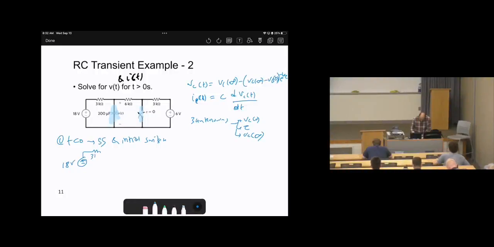Here is 3 kilo ohms. Here is the capacitor, now an open circuit, because we are at steady state, and we need to calculate Vc of 0 like this. Then here is the 6 kilo ohms, the initial switch status, which is open. Then here is the 3 kilo ohms, and here is plus minus 6 volts. And we need to calculate Vc of 0.